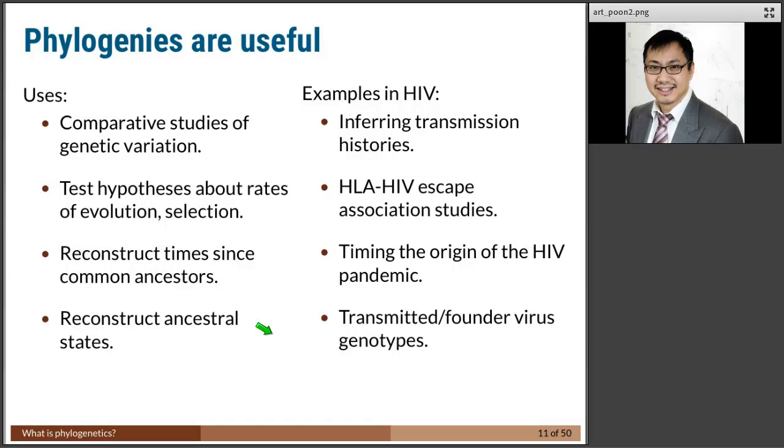It tests hypotheses about evolution, reconstructs times since common ancestors, and the way that's been done, for example, is trying to estimate the date of the origin of the HIV pandemic, and reconstruct ancestral states. One application of that is trying to reconstruct what the variant that was transmitted to establish a new infection looked like. What was the sequence of that variant, given that it's almost impossible to sample it directly.